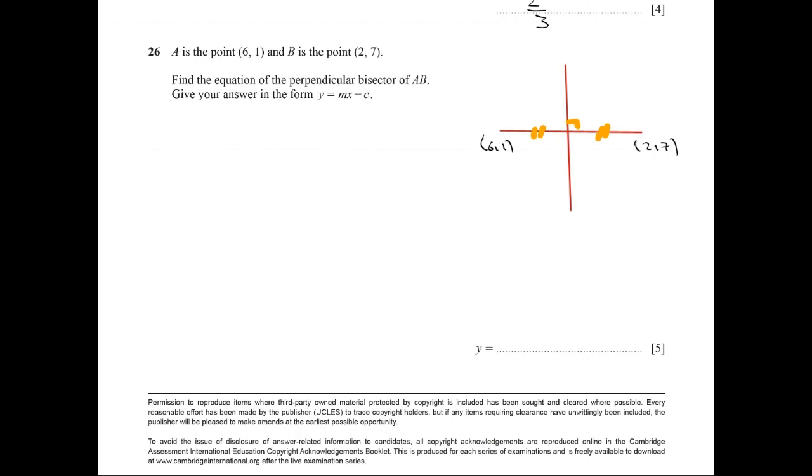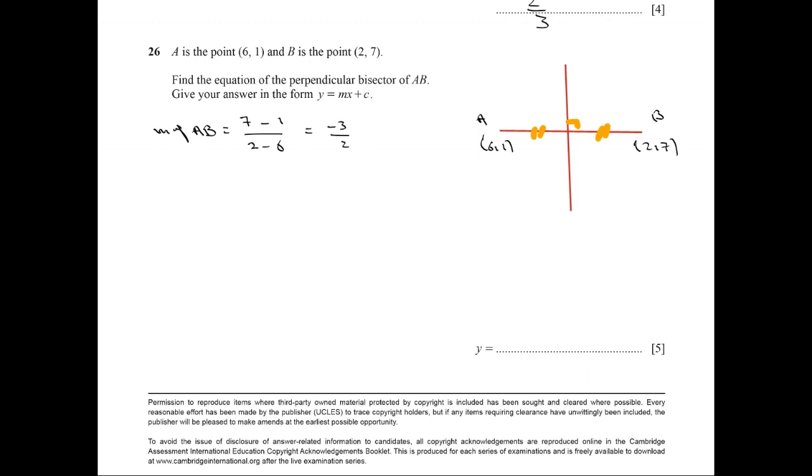To find the equation of the perpendicular bisector, first of all, we have to find the gradient of AB. The gradient of AB is equal to 7 minus 1 over 2 minus 6, and the answer will be negative 3 over 2.